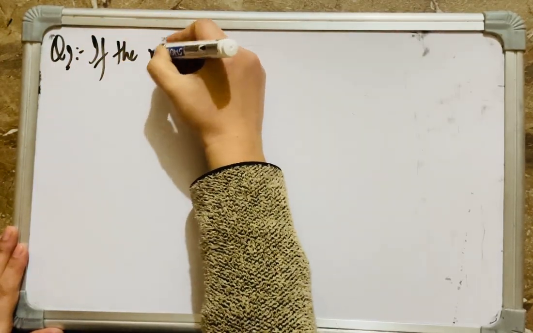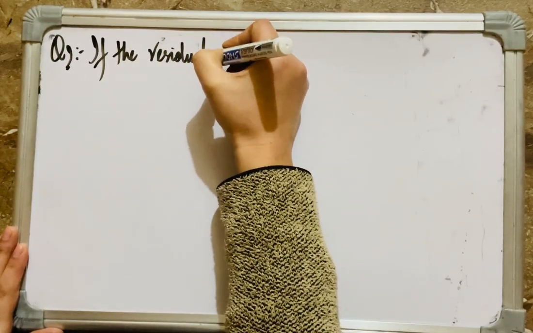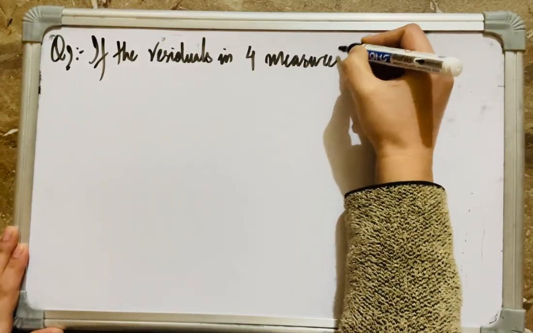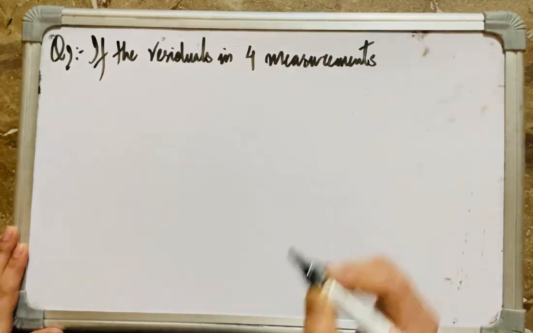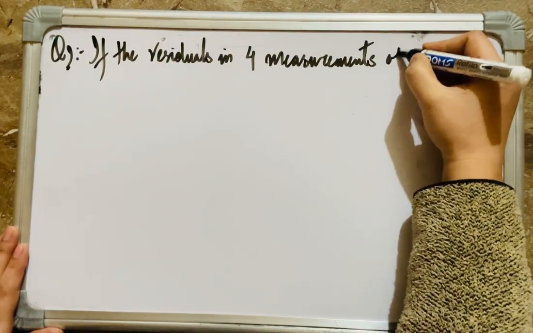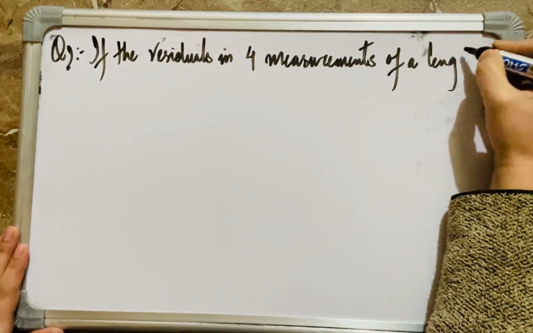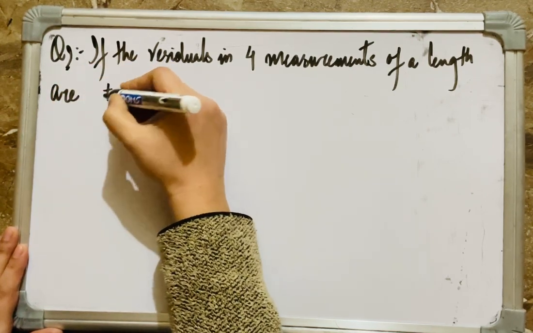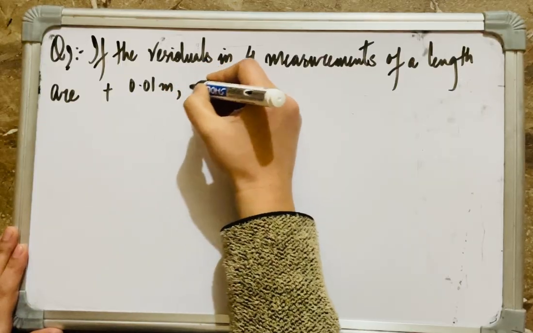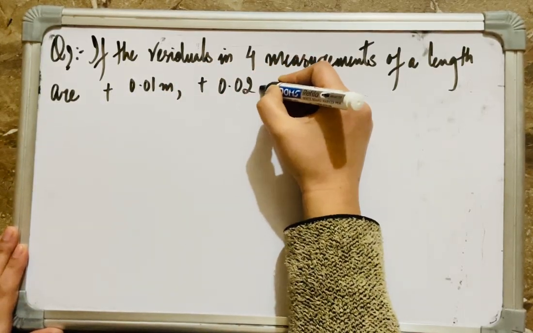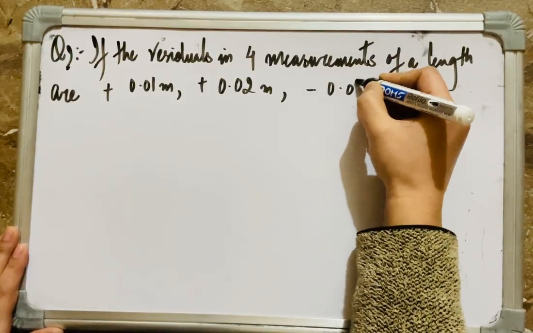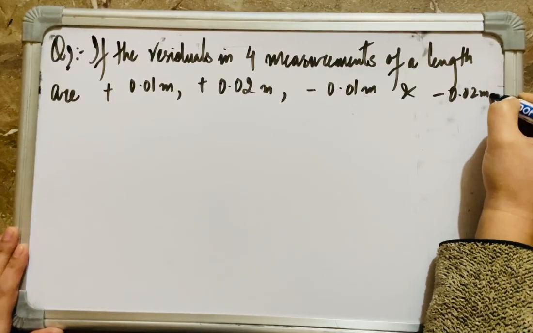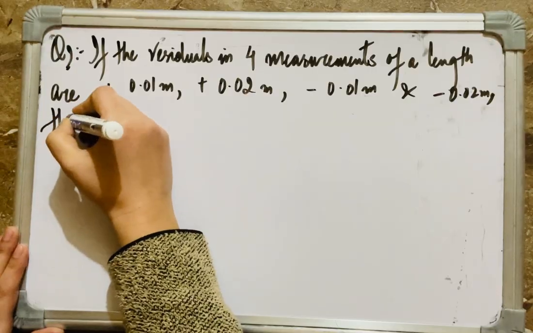If the residuals in 4 measurements of a length are plus 0.01 meter, plus 0.02 meter, minus 0.01 meters, and minus 0.02 meters, the standard deviation is equal to.